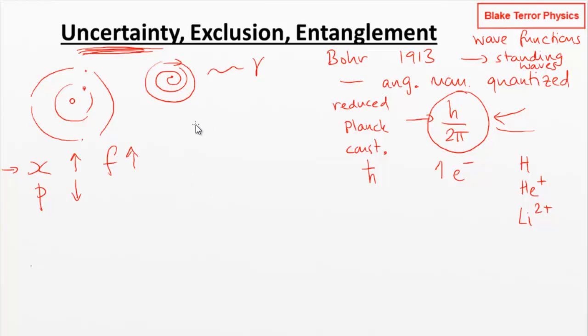The way this is formulated in the mathematics is that our uncertainty in the position multiplied by the uncertainty in the momentum has to be greater than or equal to the reduced Planck constant divided by 2. So that's what the Heisenberg uncertainty principle is getting at.